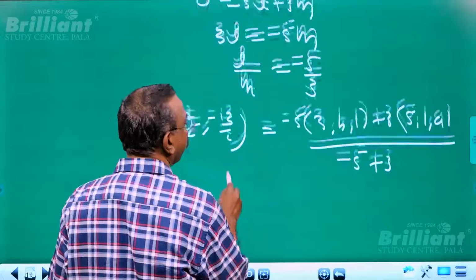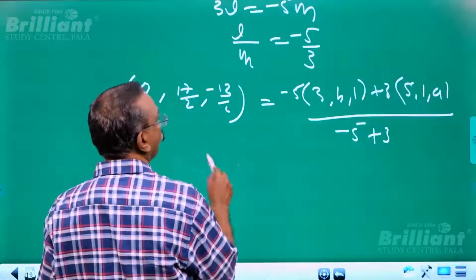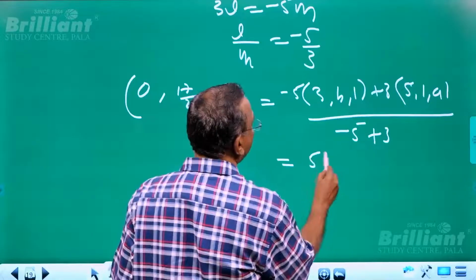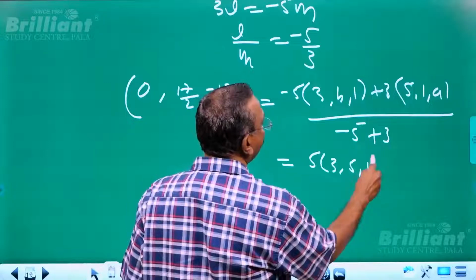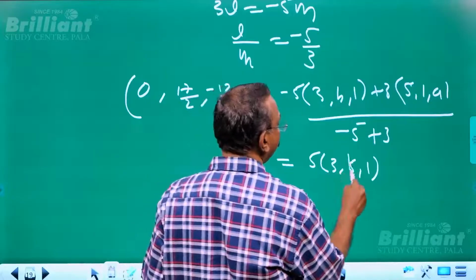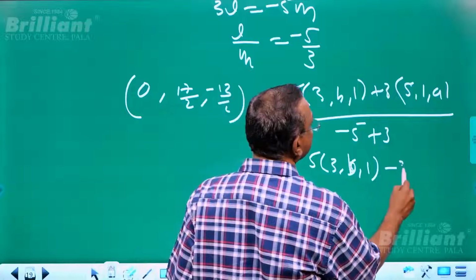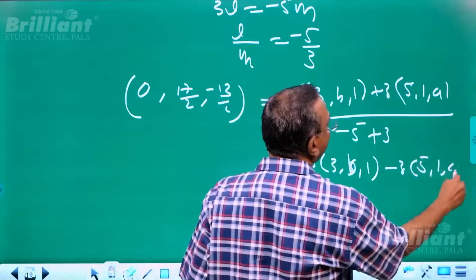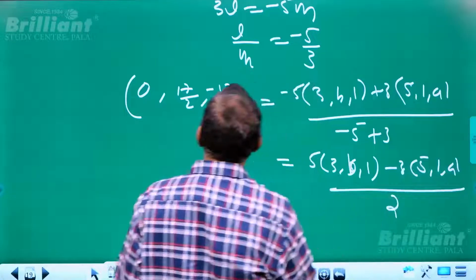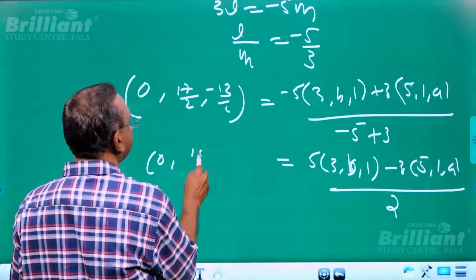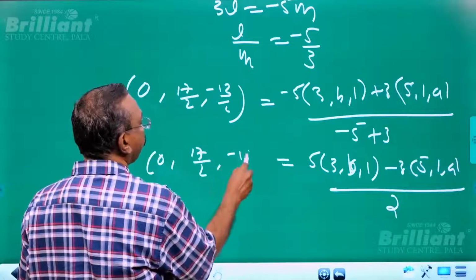So you can equate this: minus sign we can cancel, 5 times 3, 5, 1. Not 5, it is B. And minus 3 into (5, 1, A) divided by 2 is there, and left side is (0, 17/2, -13/2).